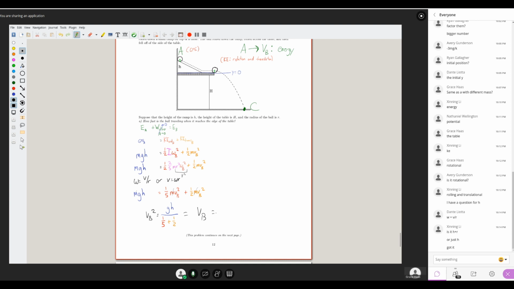So this gives us that vB is equal to the square root of 7/10 gh. No, sorry, 10/7. So everybody clear on how we did that? That's the classic rolls-down-a-ramp problem.